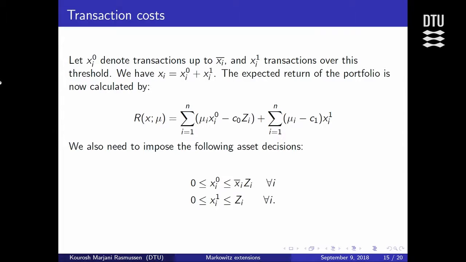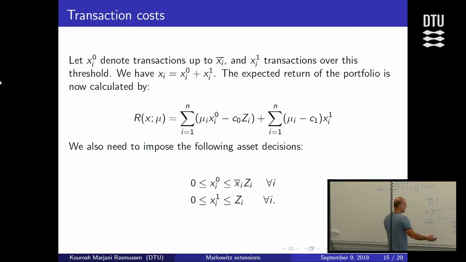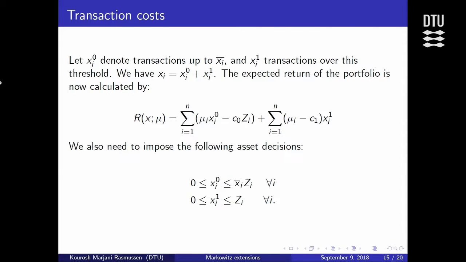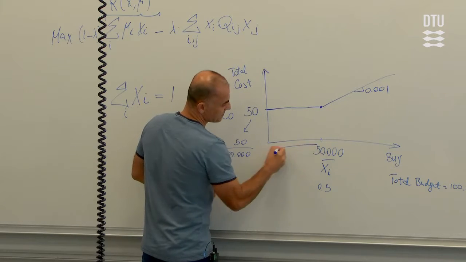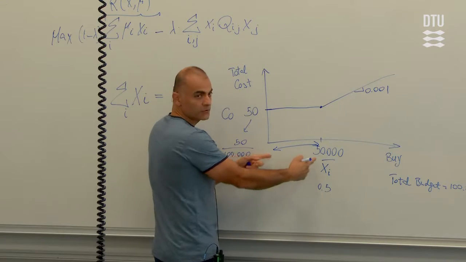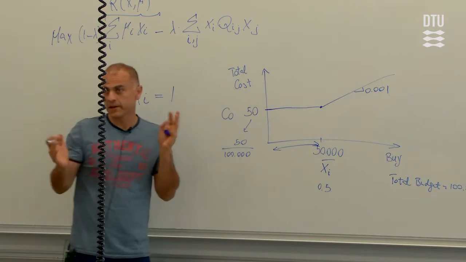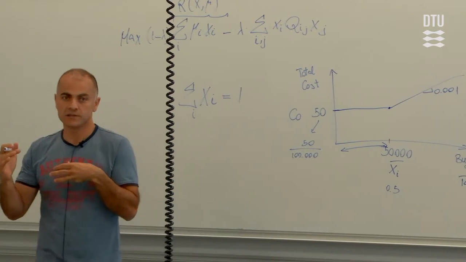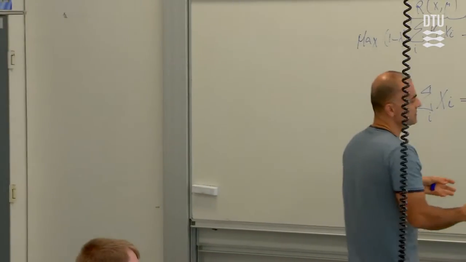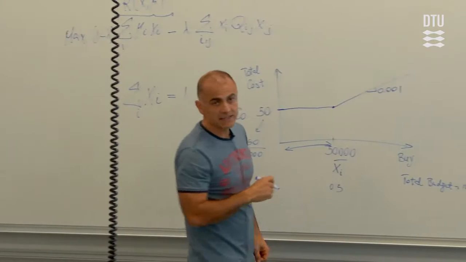And let's start with a little bit of preparation before getting there. Because the usual trick for looking into fixed transaction costs is that you look into the amount you're buying, like we're doing over here, and you look into this area, from 0 up to the level X bar, in which the fixed transaction cost is applicable, right? So for the first amount, that is what we call X0.